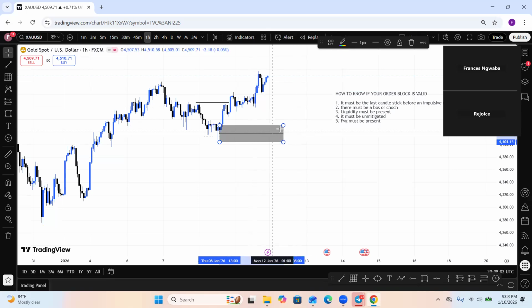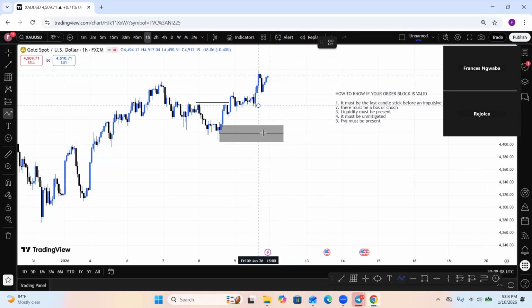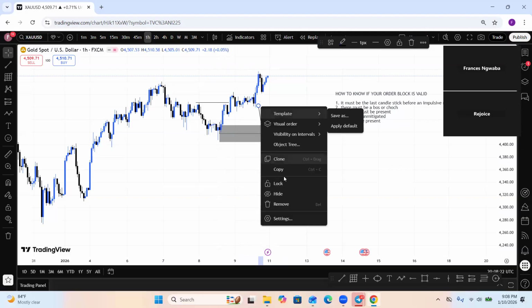Then it must be unmitigated. Imagine you are waiting here for price, but price has already come and tapped here before. That means as far as price has come here and tapped into this order block before, this order block is no longer valid because it is mitigated. Price must not have tapped into an order block for the order block to be valid.